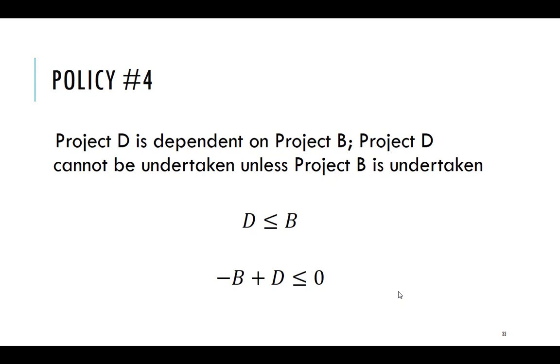It could be a 1, or it could be a 0. It doesn't say I have to do it. That's different than what we had before for the other policy. If B is 0, in other words, I've decided not to fund Project B, then D must be 0. Right? It cannot be a 1. So again, making it standard form, we have minus B plus D less than or equal to 0.